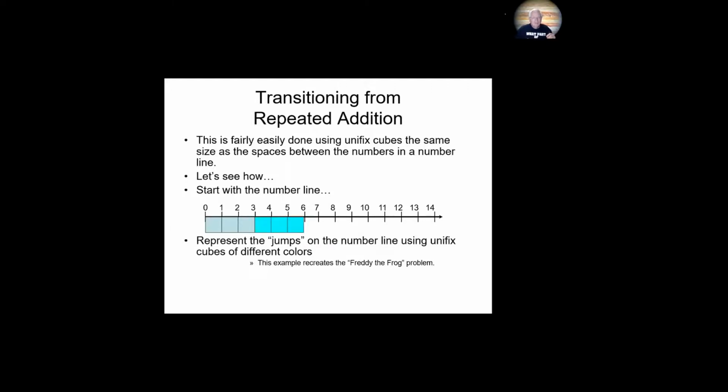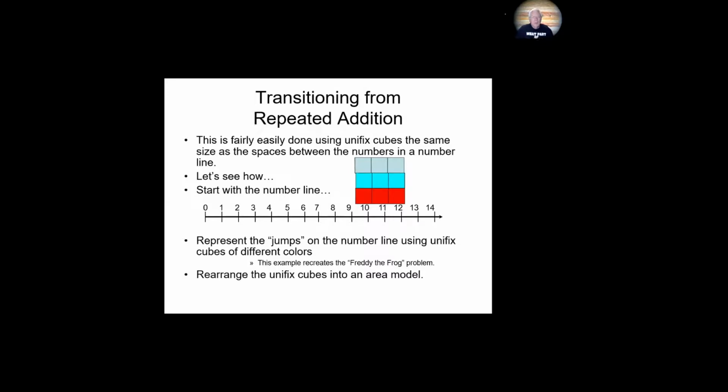Again, I can represent that with the snap cubes, and then there's the third. Now, at this point, I have a physical object that I can organize. And so since I can organize it, I can maneuver it. And so we're going to rearrange these unifix cubes so that they join into an area model. And I hope you see how this can be done very, very easily.